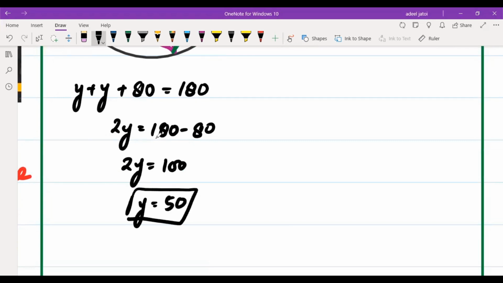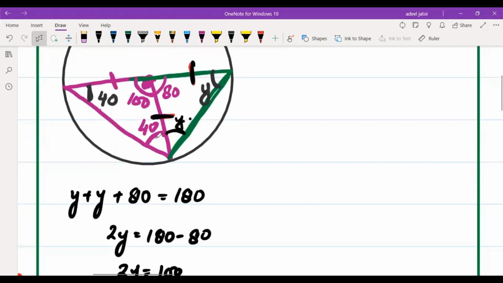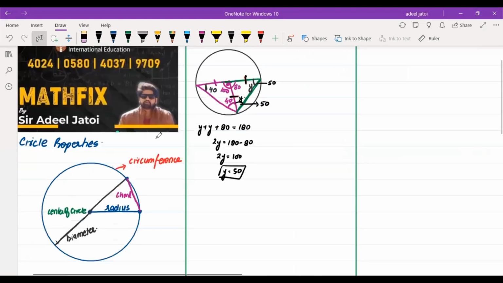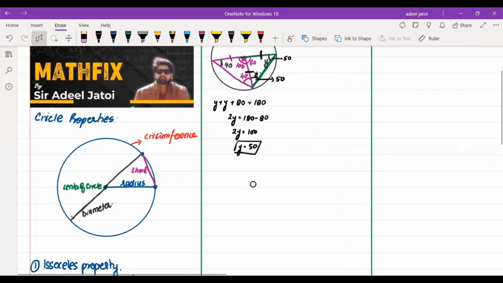So from one particular isosceles triangle, I can extend my angles to the other isosceles triangle as well to get the answer. If this is 50, this angle can also be 50. So this is the extended version of the isosceles property.